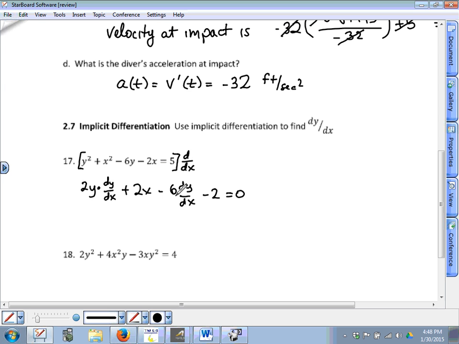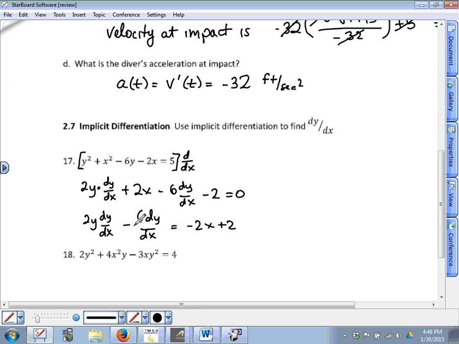Now we have to get dy dx isolated. So we need to move all the terms that do not have a dy dx factor to the right side. So it's going to be 2y dy dx minus 6 dy dx equals negative 2x plus 2.